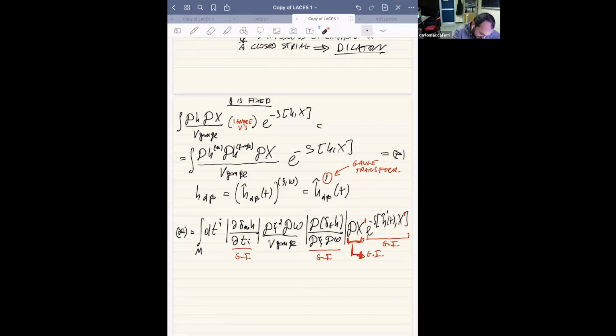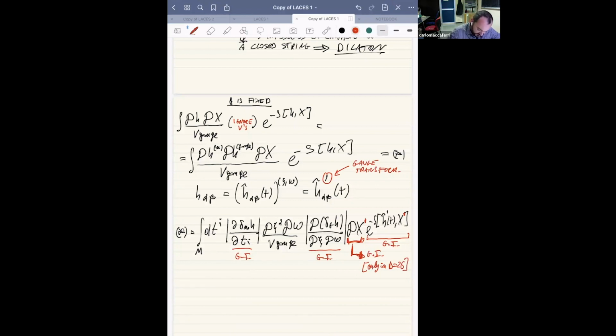Just take it as information, but in fact, this measure is gauge invariant only in D equal 26. But we will encounter D equal 26 again for another reason, so everything will be consistent at the end.